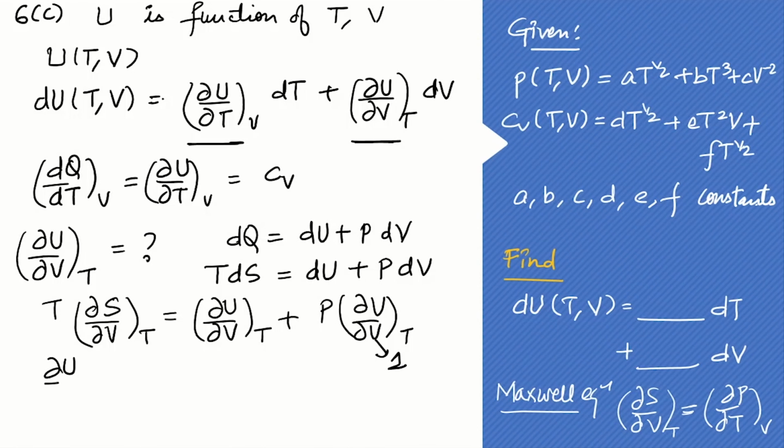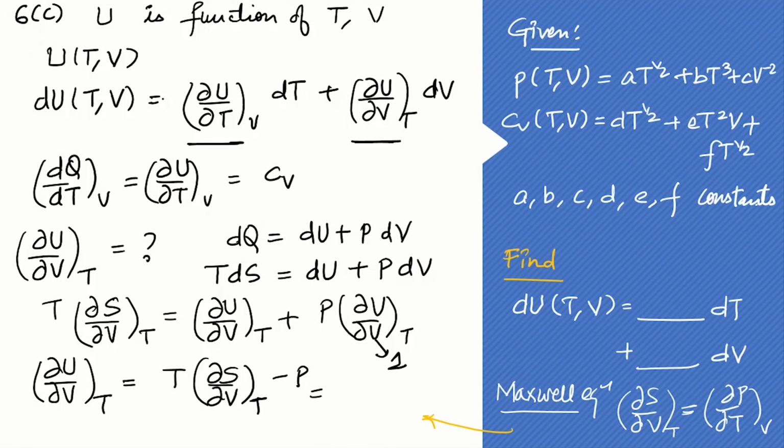So (∂U/∂V) at constant temperature is equal to T (∂S/∂V) at constant temperature minus P. So we will be using this Maxwell equation, (∂S/∂V) at constant temperature is equal to (∂P/∂T) at constant volume. So let's use this Maxwell equation here. We get T (∂P/∂T) at constant volume minus P.